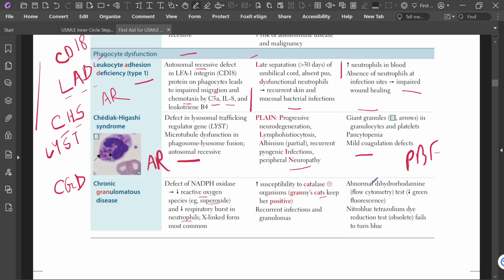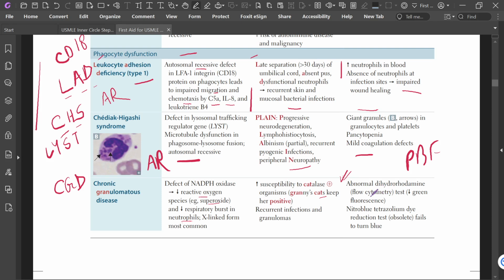How can we diagnose? We can diagnose via DHR flow cytometry, dihydrorhodamine flow cytometry. It detects the generation of oxygen free radicals by measuring the oxidation of dihydrorhodamine to rhodamine, a fluorescent green compound that can be detected on flow cytometry.